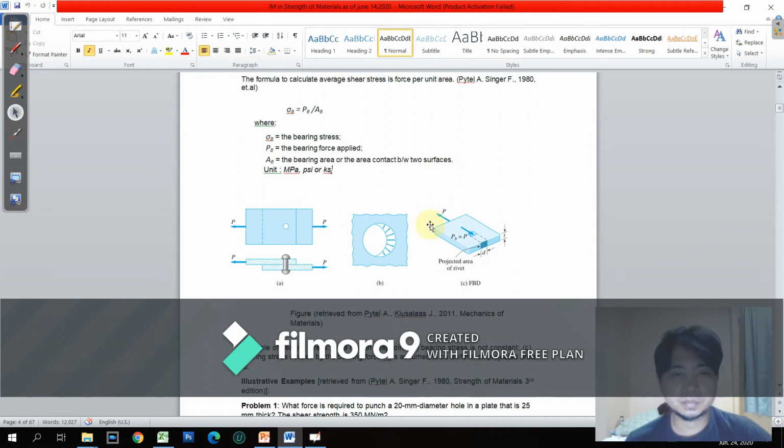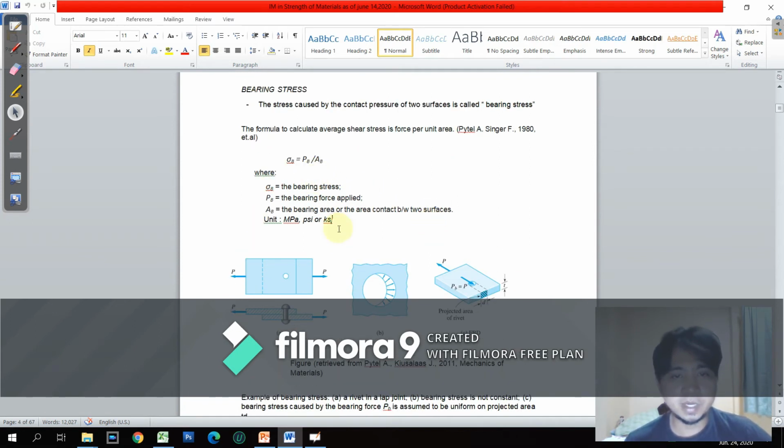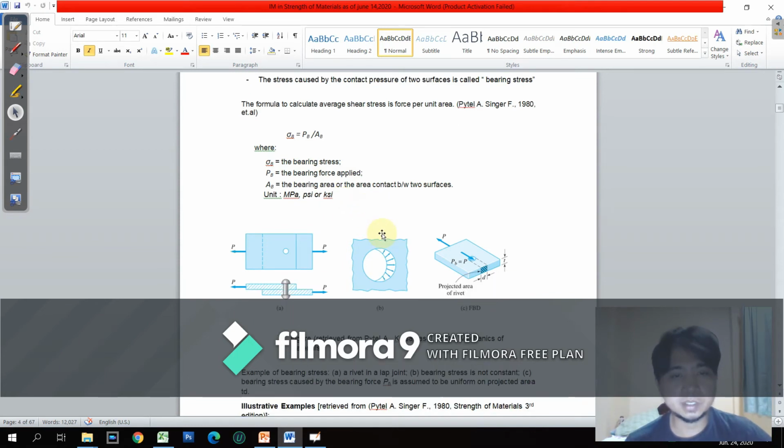We will just use the bearing area, wherein the point of contact is between the plate and the bolt. So that is simple to calculate. The bearing area is the contact area between the two surfaces.